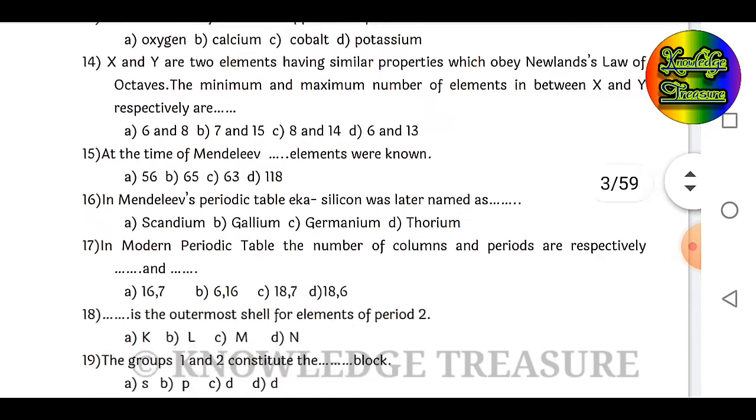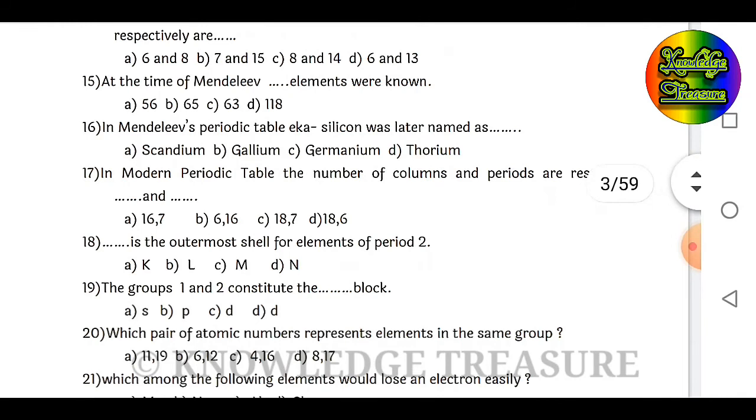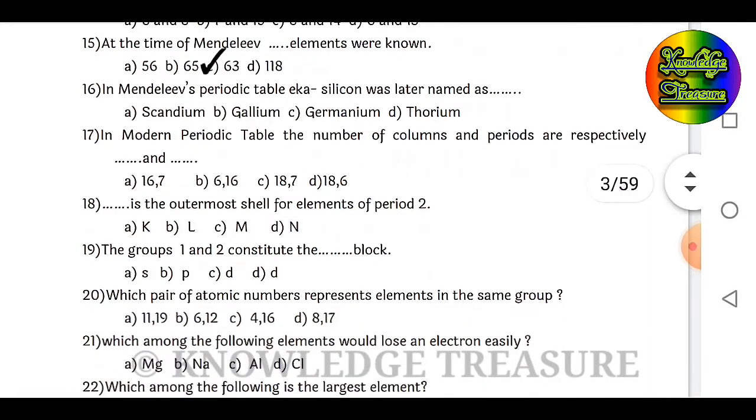15. At the time of Mendeleev, dash elements were known. A. 56, B. 65, C. 63, D. 118. The correct answer is C. 63. 16.